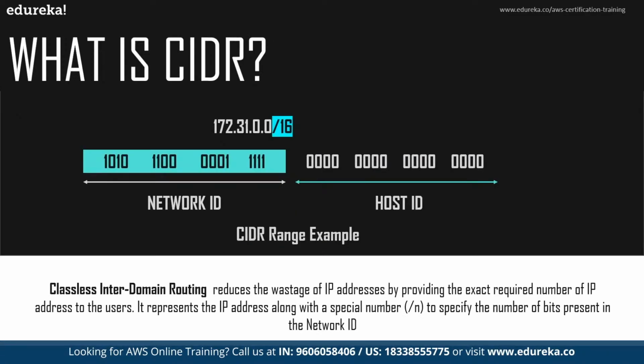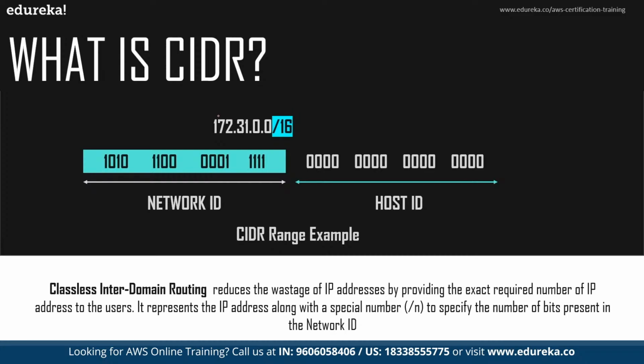Let us now understand another important definition, that is CIDR, Classless Inter-Domain Routing. CIDR is basically a methodology to represent an IP address. Let's take an illustration: 172.31.0.0/16. The /16 part here represents the number of bits present in the network ID. Let us understand it a little deeper.